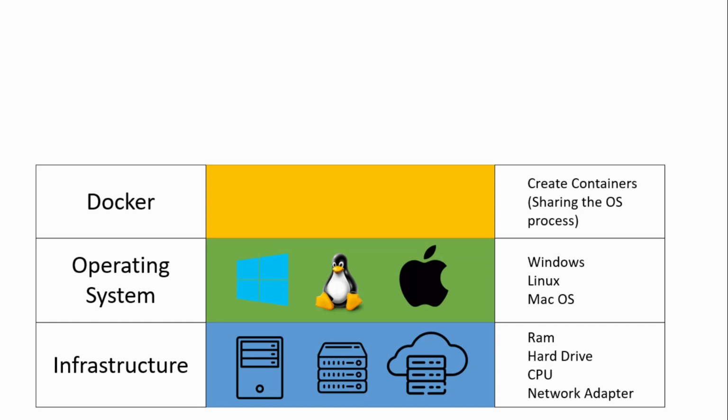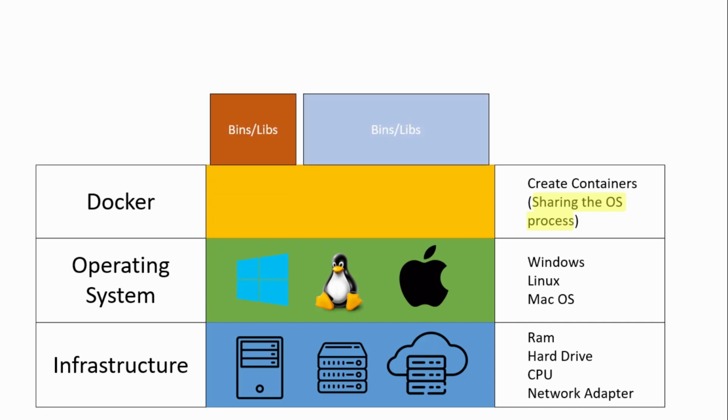We have two concepts in Docker: Docker engine or Docker daemon, and Docker client. Here I'm talking about the Docker daemon. It is an application that is not here to share your hardware. It is here to share your operating system processes. And on top of that, you don't need to install the operating system anymore.